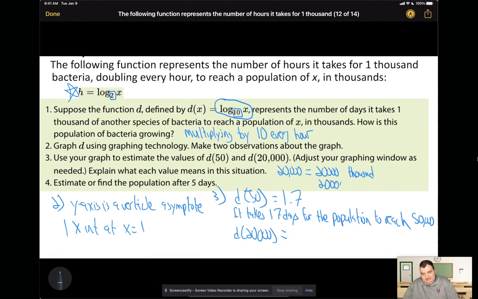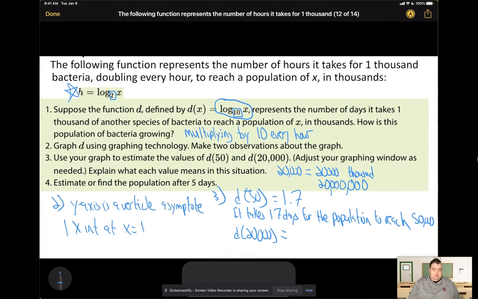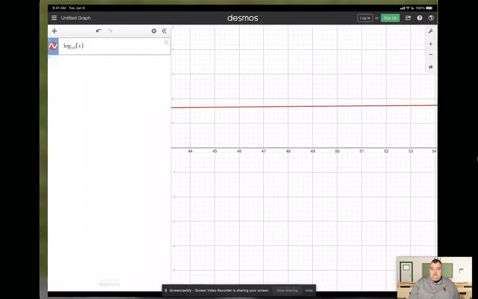So 20,000 thousand is really 20 million. So whatever d of 20,000 is going to tell me how long it takes for the population to reach 20 million.